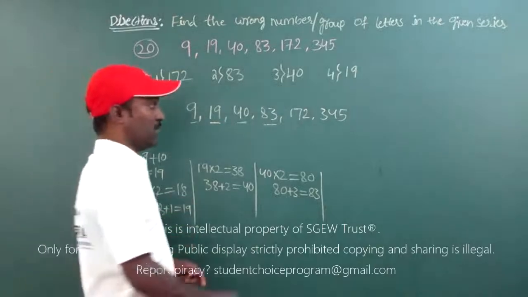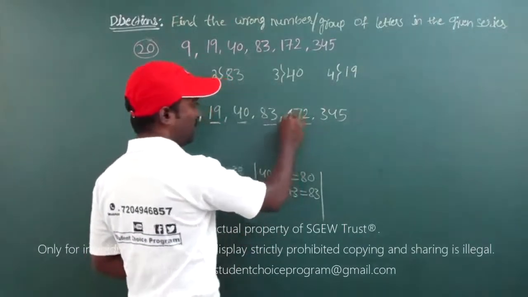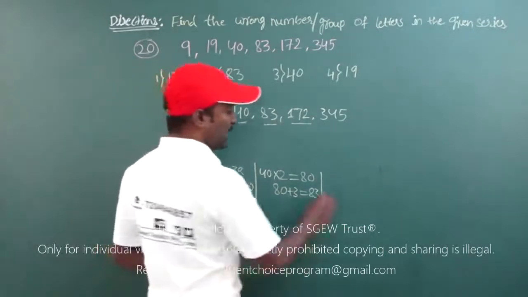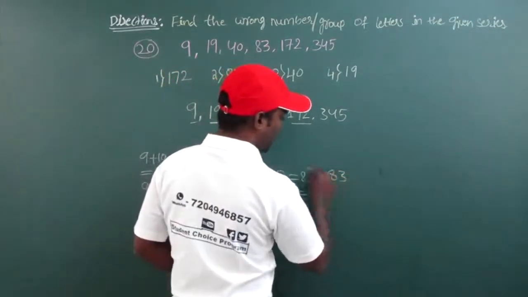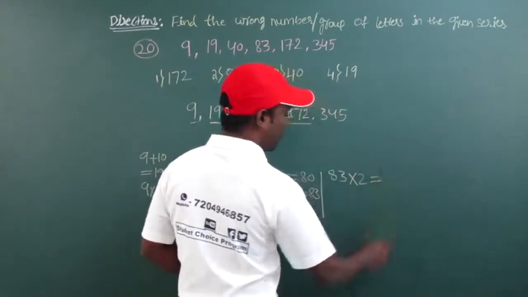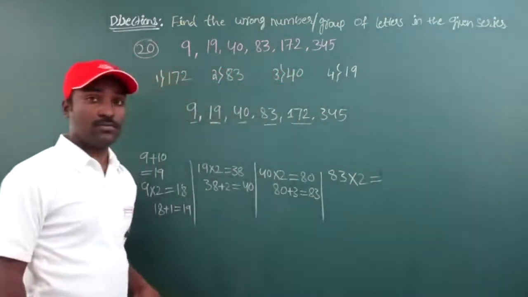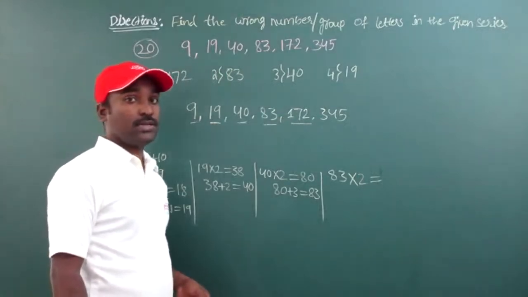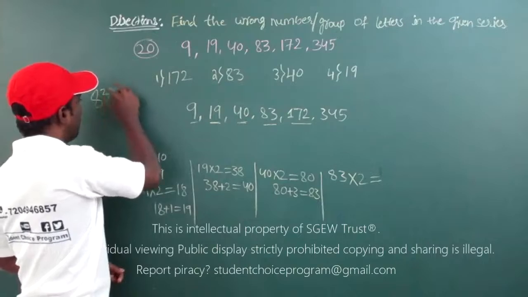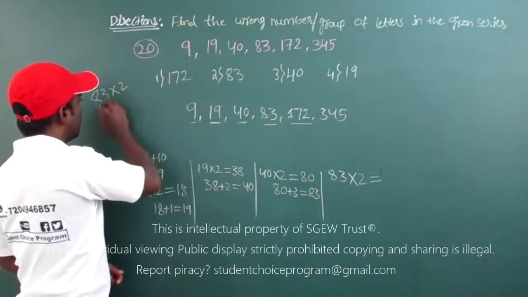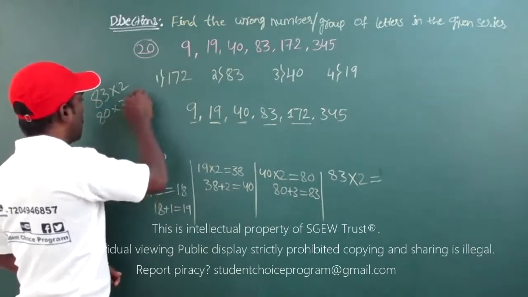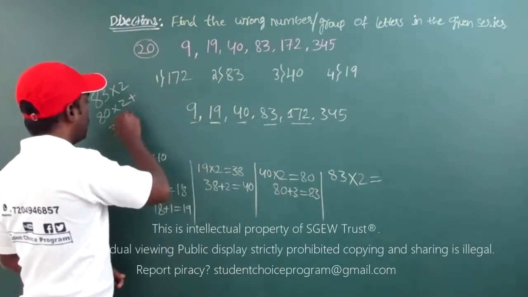Now move to the next number, that is 172. So 172 can be obtained from 83. What is 83 into 2? What do we have to use? Split and merge. 83 into 2 can be 80 into 2 plus 3 into 2.